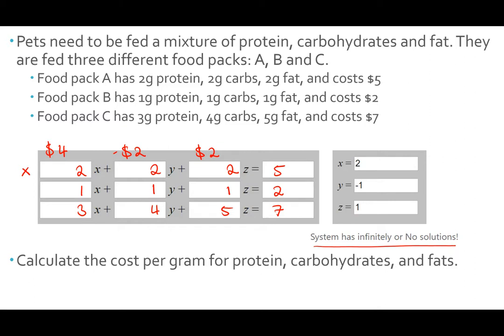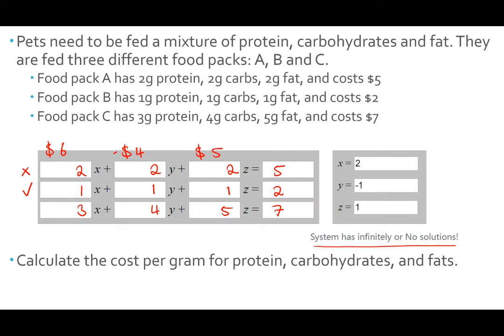Let's proceed with food packs B and C. That will be 1 times 2, 1 times -1, and 1 times 1. Adding those together is $2, so the prices are consistent with food pack B. Lastly, with food pack C, 3 times 2 is 6, 4 times -1 is -4, and 5 times 1 is 5.